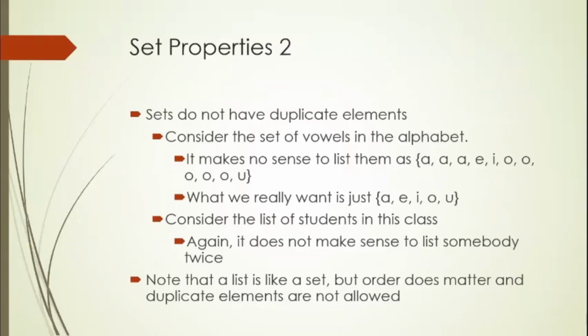One thing that you will observe in that list is that it does not list somebody twice. You would see the name only once. Why? Because it is not a raffle, where the more entries you send, the more chances of winning. Note that a list is like a set, but for a list, the order does matter, and duplicate elements are allowed.